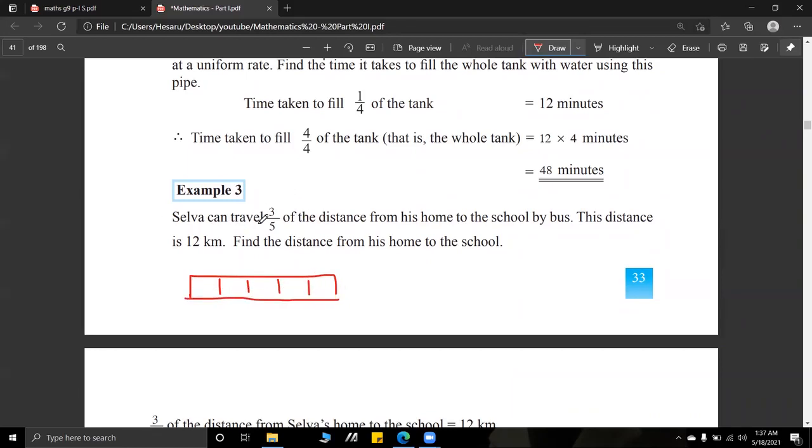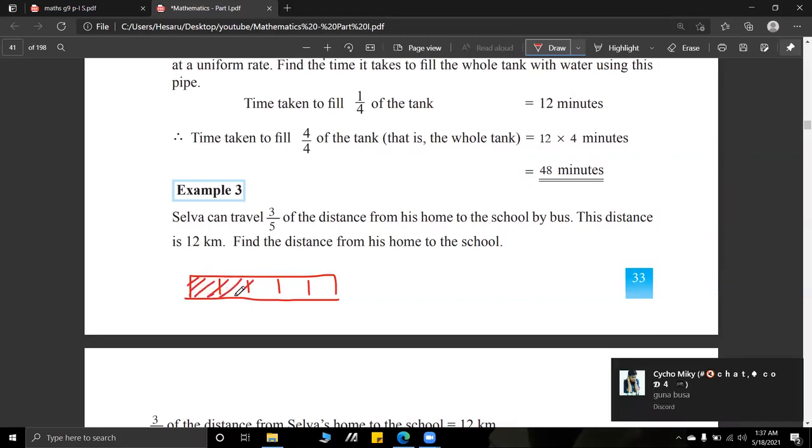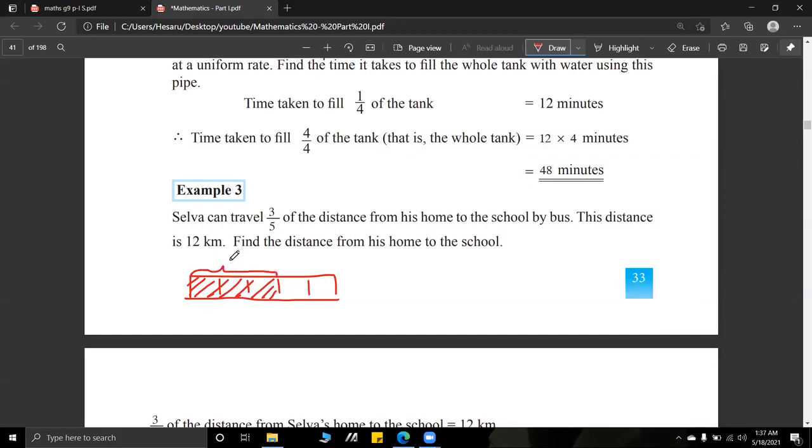Selva can travel 3 over 5 of the distance from his home to school by bus, so this part they will go through. This is the bus. This distance is 12 kilometers. Find the distance from his home to school.